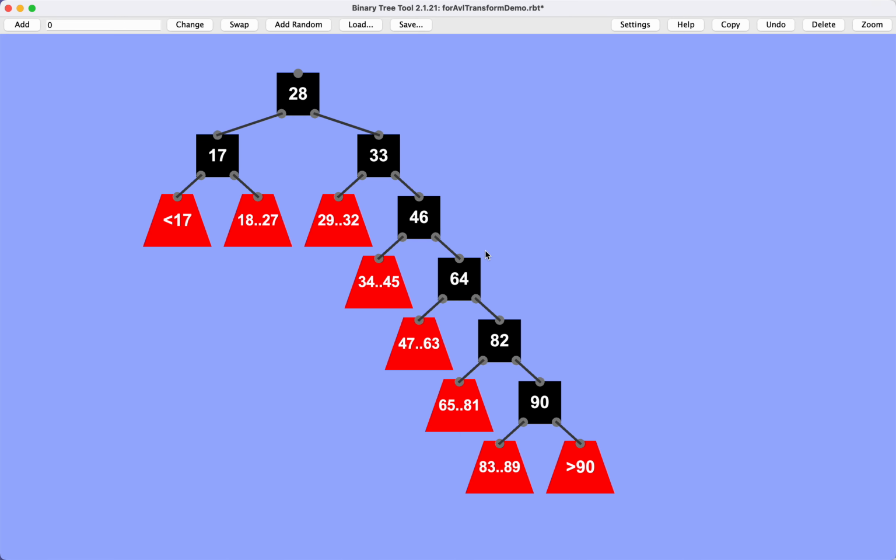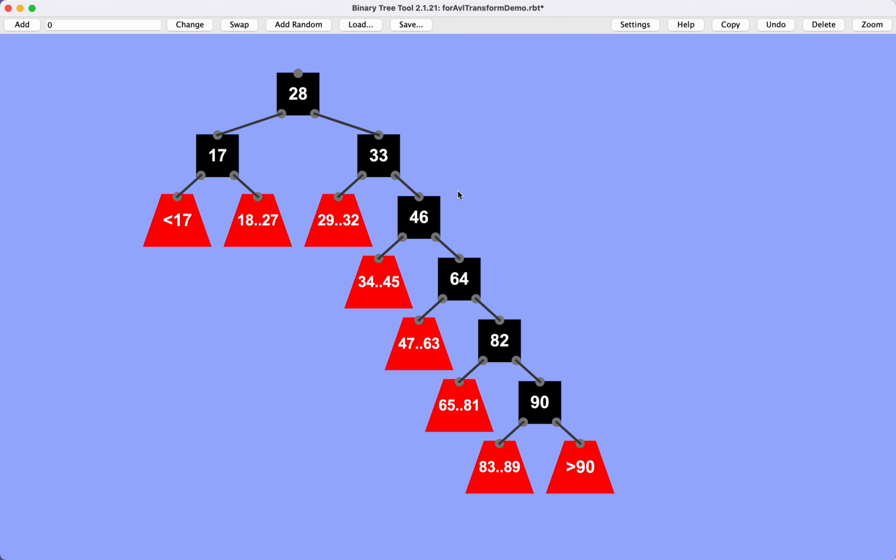So let's look, for example, at the 46 and the 64. Because of their position, the 64's left subtree has values that are in between 46 and 64, by definition of a binary search tree.